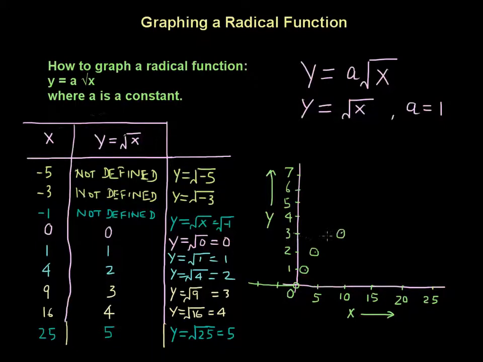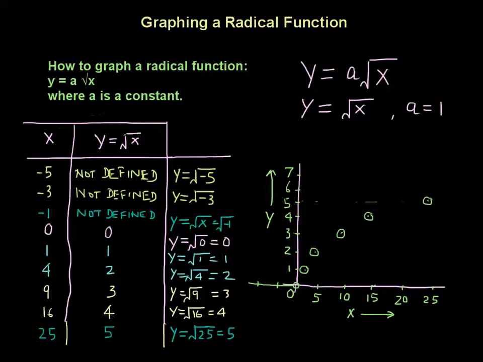Then we have 16. 16 is approximately here, and when you go up, you can mark it for 4. So this is 4, 16. Then last is 25. You go up and mark it on 5, because approximately 5 is here.